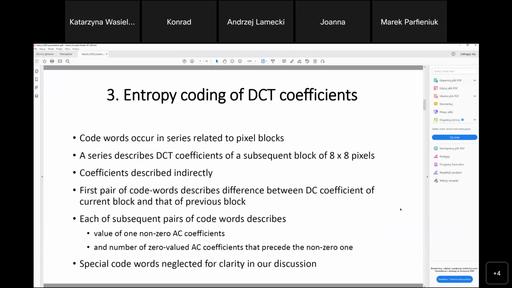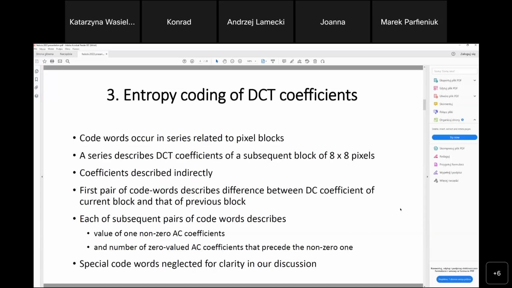Both AC and DC coefficients are entropy coded using Huffman codewords and value bits. Codewords occur in series related to pixel blocks. Each series describes DCT coefficients of a subsequent block of 8 by 8 pixels.